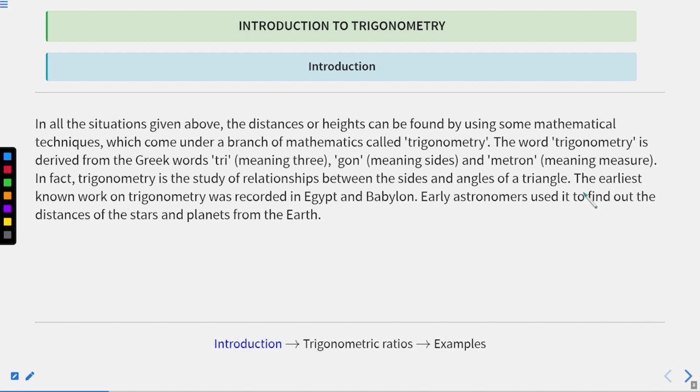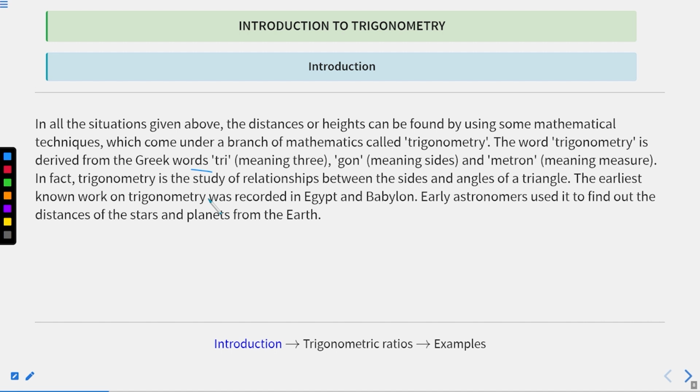What do we mean by the word trigonometry? If we split this word, we get trigon and metron. This word is derived from the Greek words, tri meaning 3, gon meaning sides, and metron meaning measure.